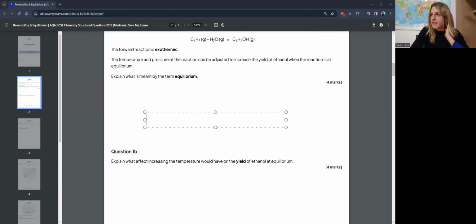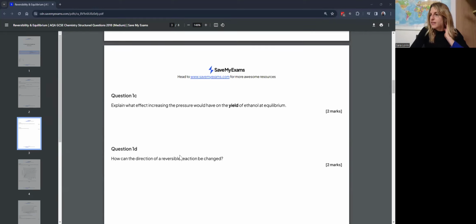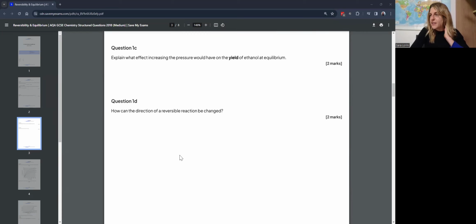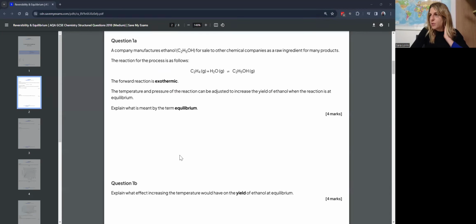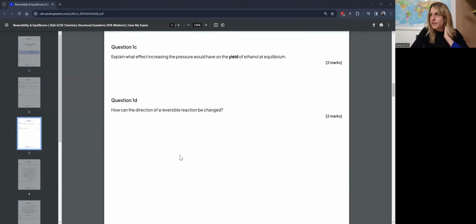And lastly, what effect would increasing the pressure have? We have to look at the equation, and I'm going to rewrite it over here.